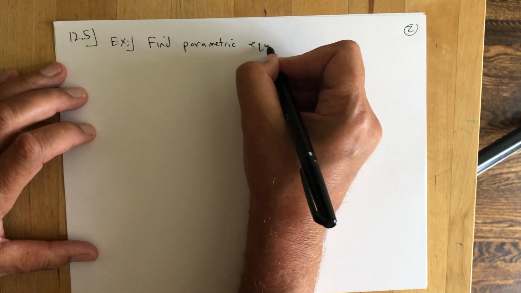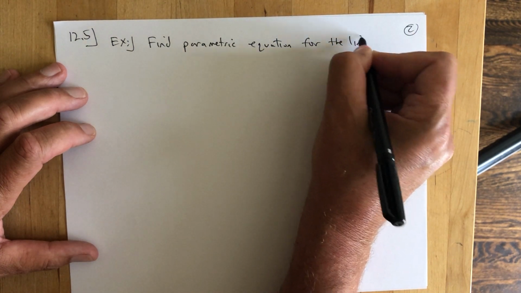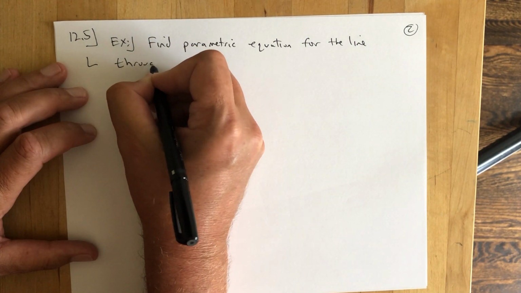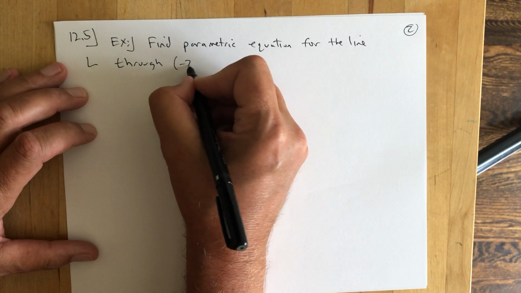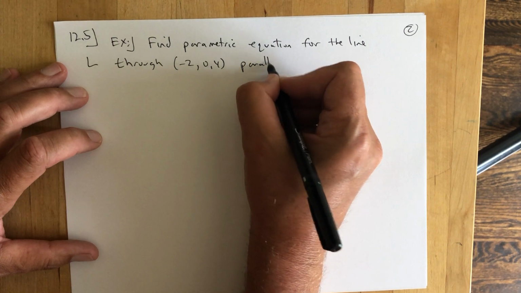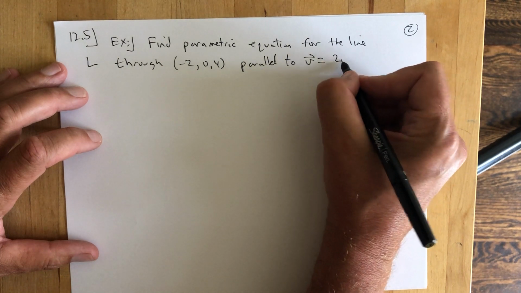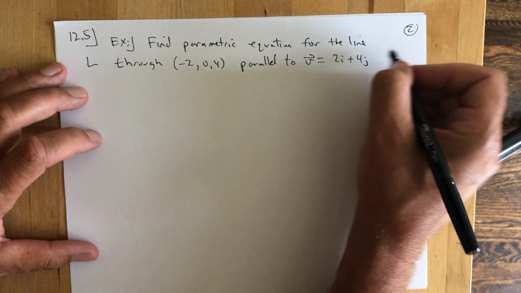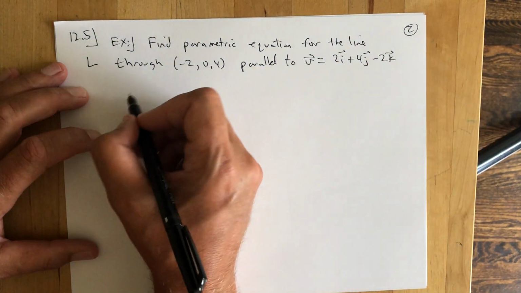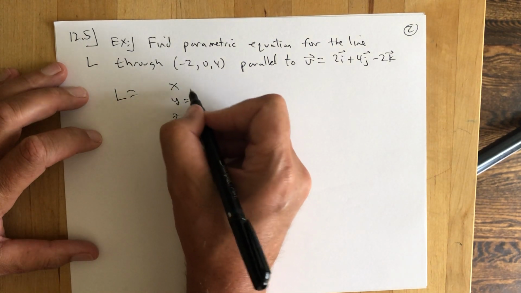Find the parametric equation for the line L through the point -2, 0, 4, parallel to the vector v, which is 2i plus 4j minus 2k. Okay?